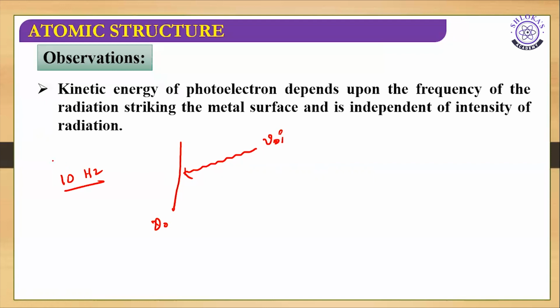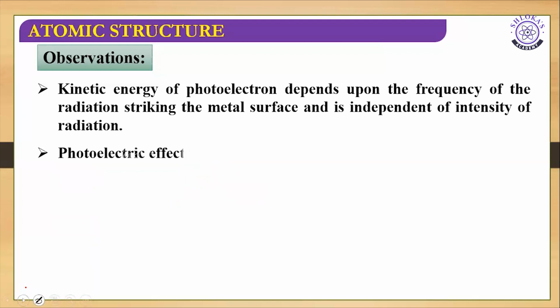But here I am providing a light of 50 hertz frequency. The remaining 40 hertz will be converted into kinetic energy. That is the meaning of this observation, right? So next observation, let me go for the next observation.